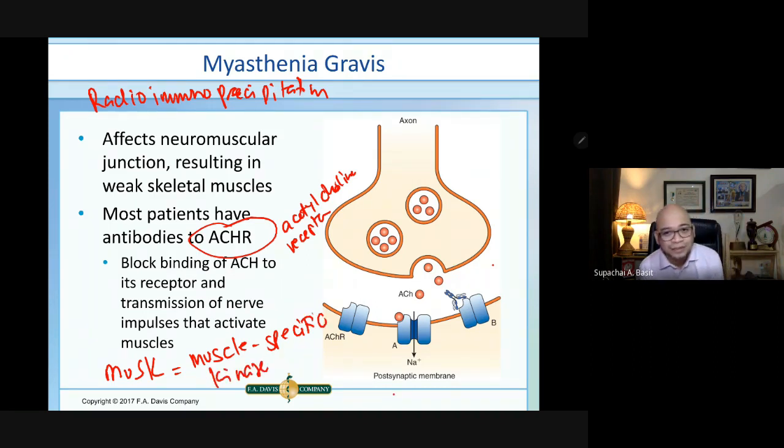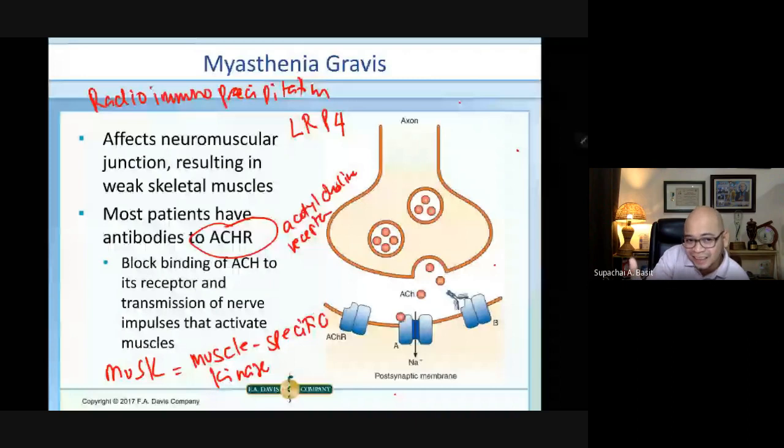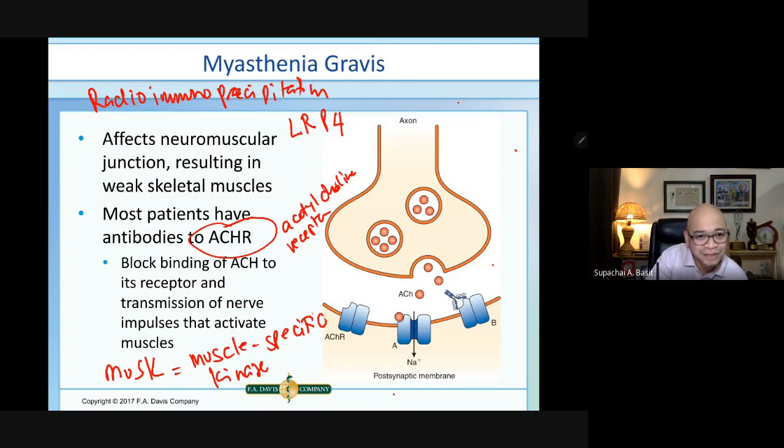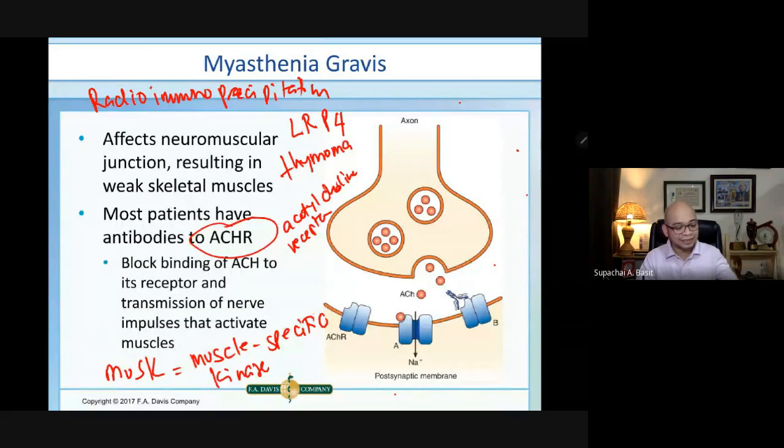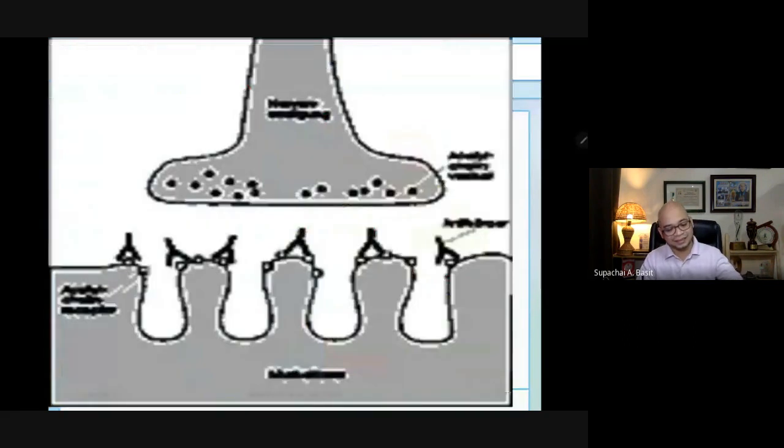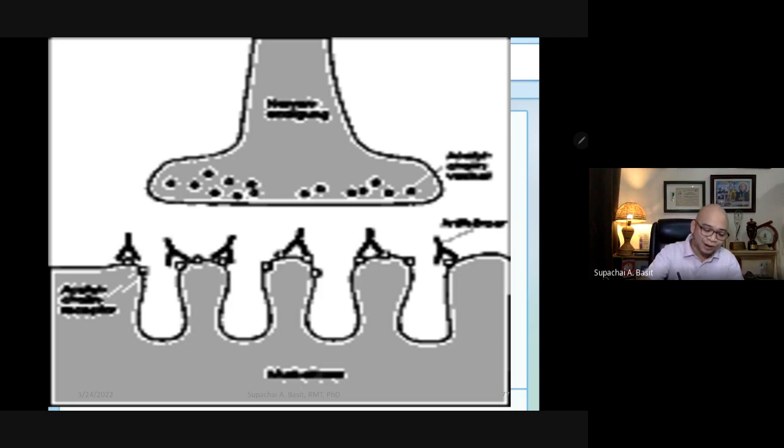Some patients would have developed antibodies to MuSK, and some patients would even develop antibodies to LRP4, a lipoprotein receptor-related protein. Some patients develop thymoma that contains autoreactive T cells. So here is another example of antibodies destroying the acetylcholine receptor.